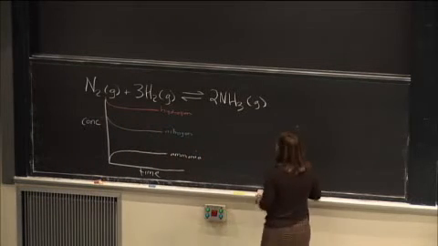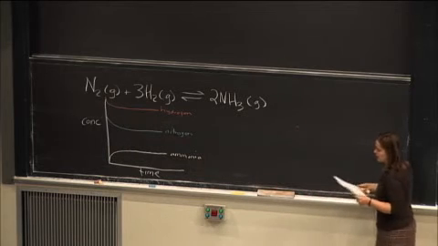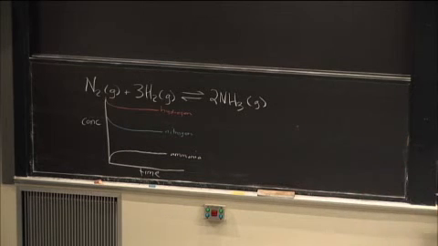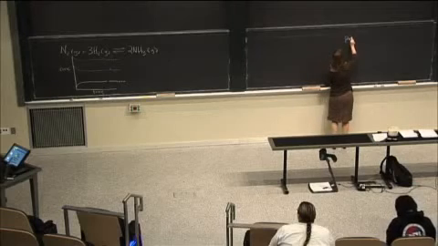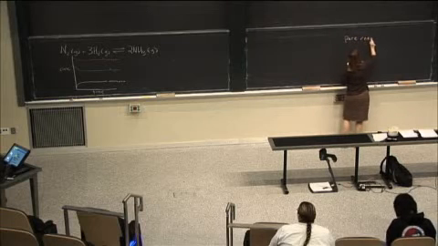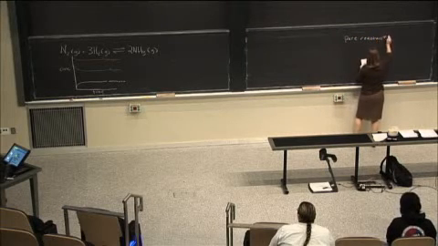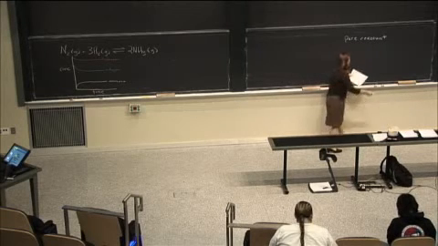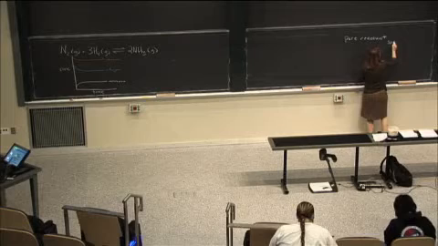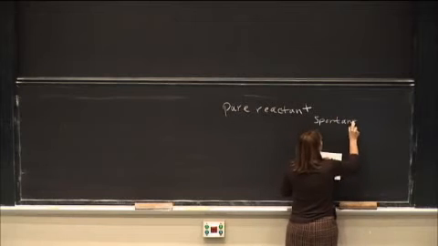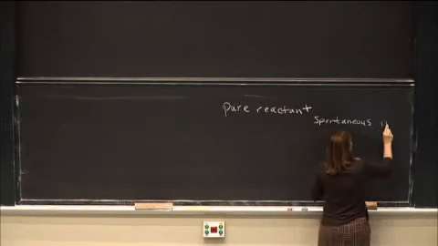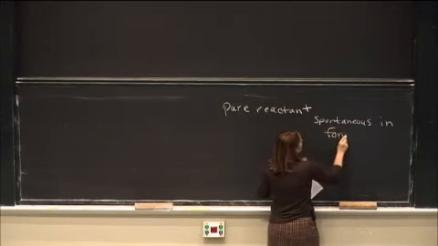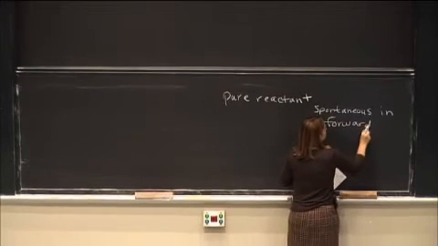So let's think about the case when we have pure reactants, when we haven't formed enough products yet to reach equilibrium. If we have pure reactants, the reaction is going to be spontaneous in the forward direction.